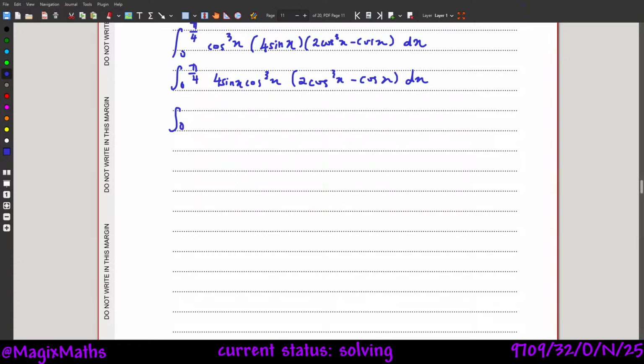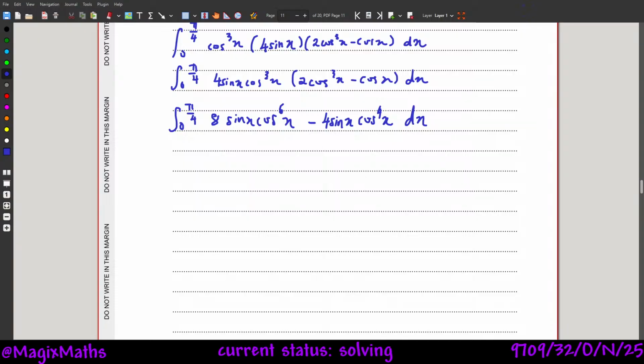Then we will have 8 sine x cos 6x minus 4 sine x cos 4x dx.